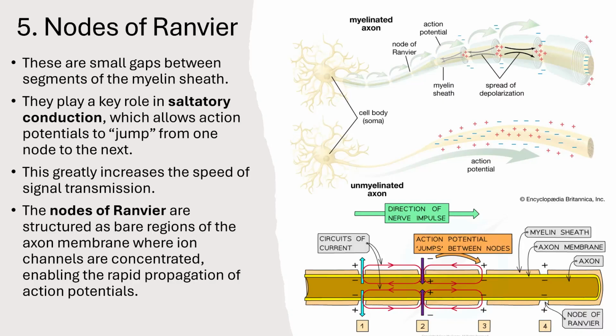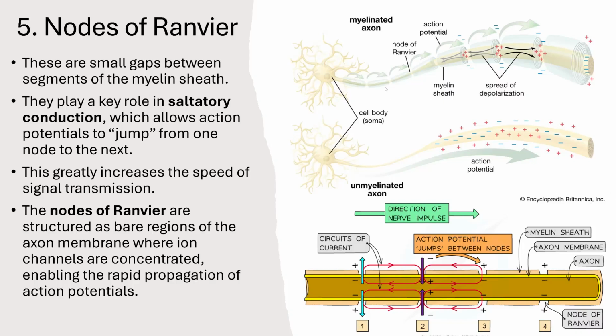This greatly increases the speed of signal transmission, and the nodes of Ranvier are structured as bare regions of the axon membrane where ion channels are concentrated, enabling the rapid propagation of action potentials.